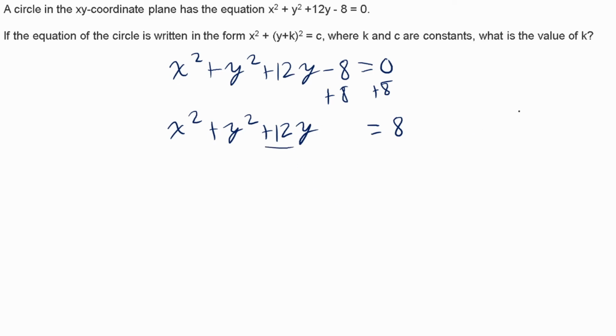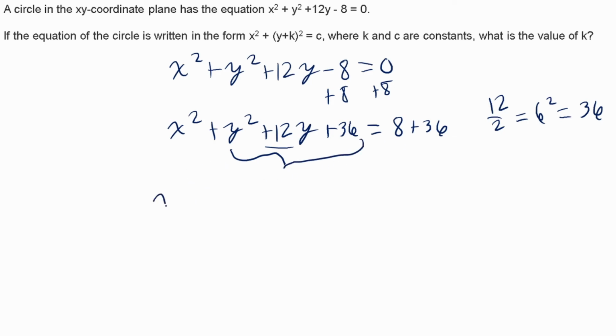So we're going to take our number here, 12. We're going to divide it by 2, which gives me 6. And then we square that to get 36. And that is what we're adding on both sides. Now we could factor this. So we get x squared plus y plus 6 squared equals, and then we just have to figure out what's 8 plus 36.